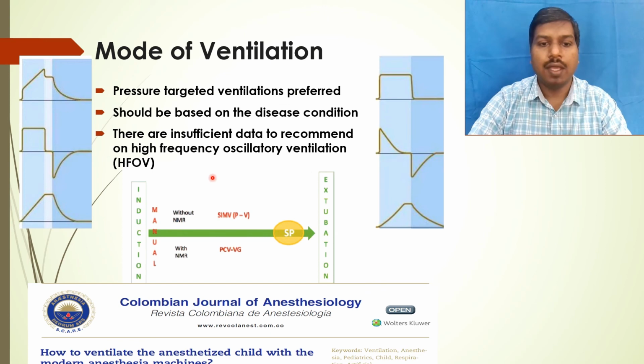And in intensive care, if the patient is receiving a neuromuscular blocking agent, it is better to have a pressure regulated volume control mode of ventilation. And if the patient is having spontaneous breaths, it is better to have synchronized intermittent mandatory ventilation, either pressure or volume targeted.